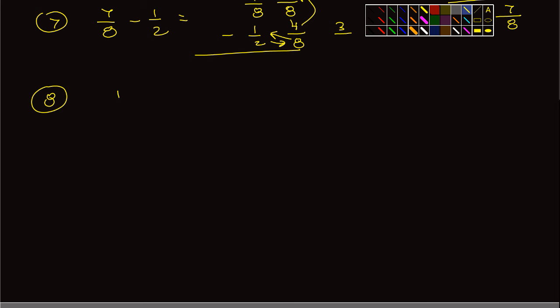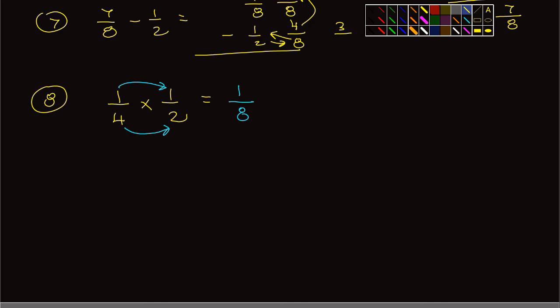So if I wanted to multiply 1/4 times 1/2, it's pretty easy. You know what I do? I multiply straight across. Okay? What's 1 times 1? 1. What's 4 times 2? 8. There's your answer. 1/8.